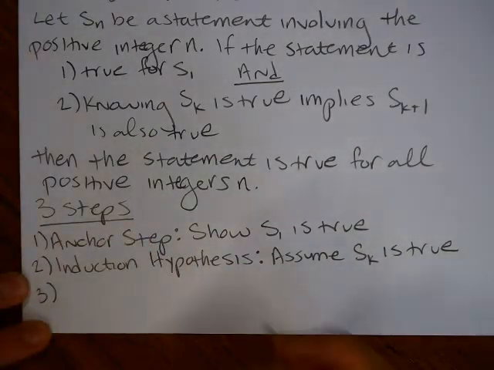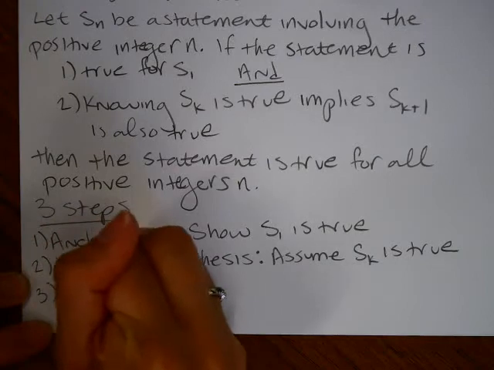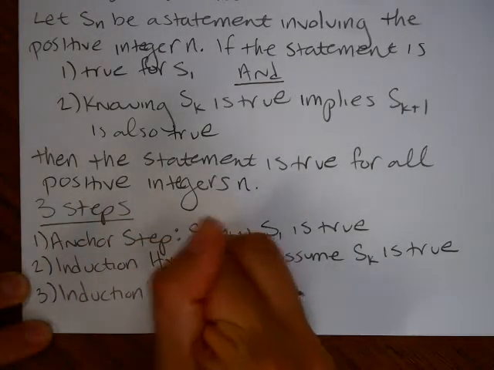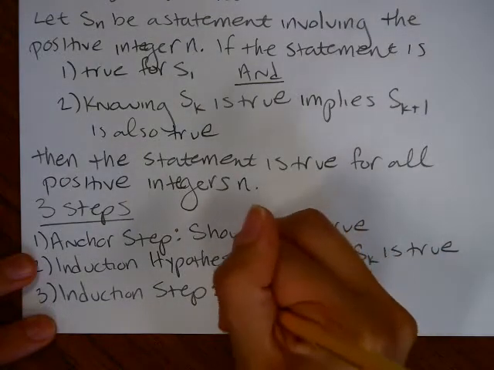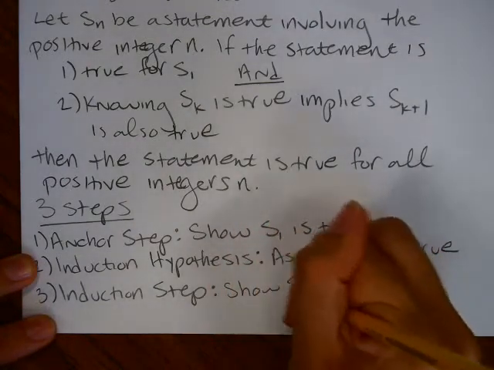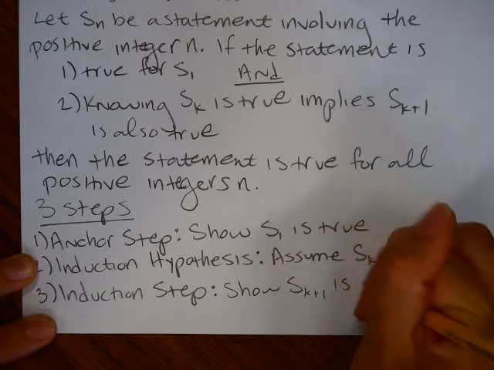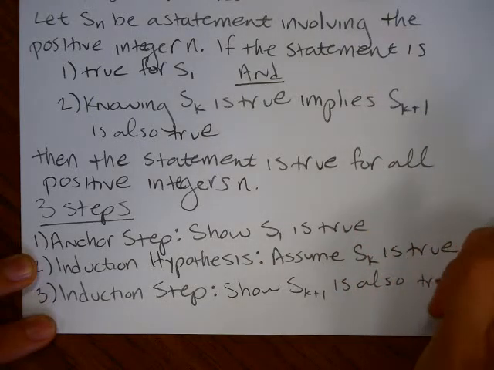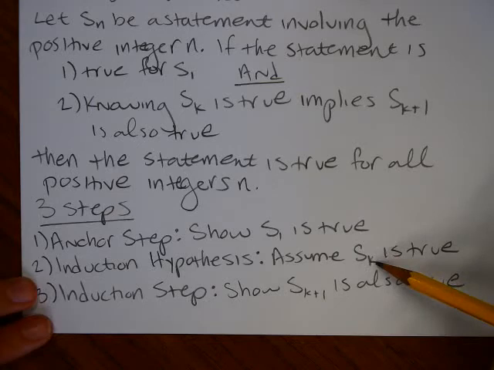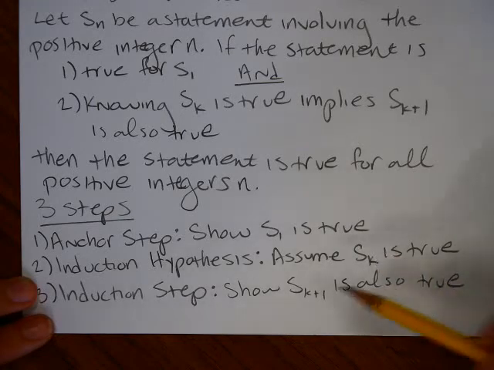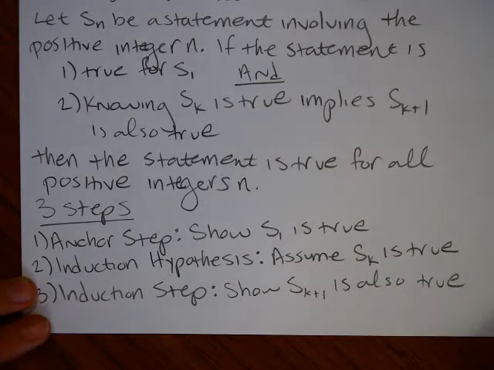And our third step is called the induction step, and that is where we show Sk plus 1 is also true. So induction hypothesis and induction step working together show that if you knock over one domino, the k, the next domino in line, k plus 1, will also knock over.